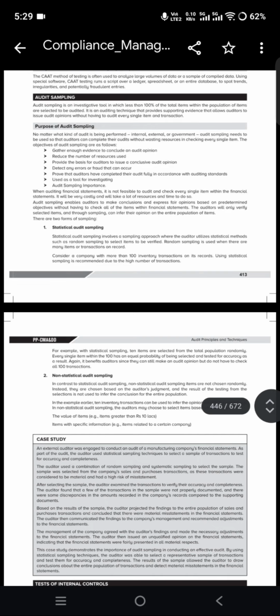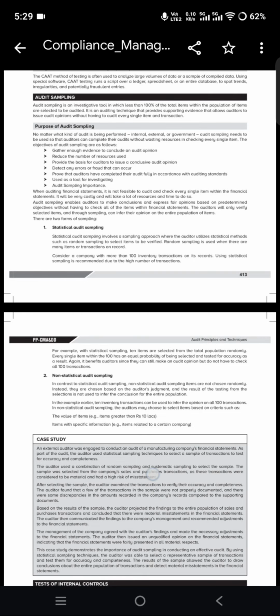Each one is progressive and more comprehensive. Progressive and more comprehensive are the two keywords which you need to keep in mind. The types are inquiry, observation, examination or inspection, re-performance, and computer aided audit tools. These are similar to the ones we have already read.